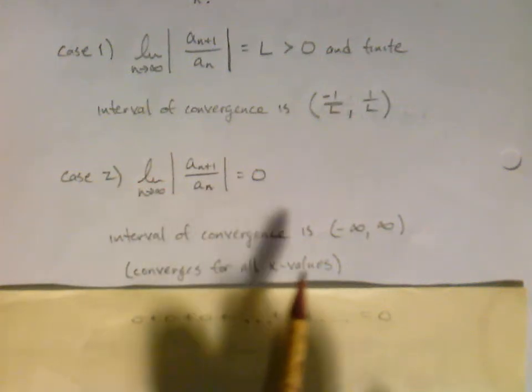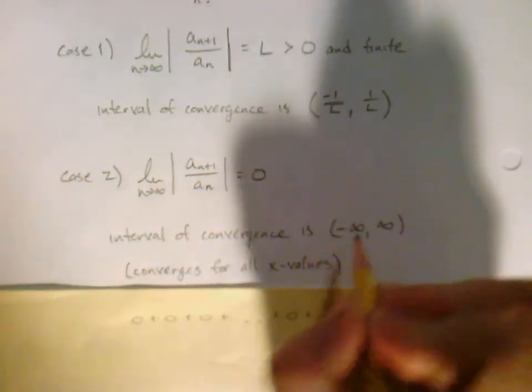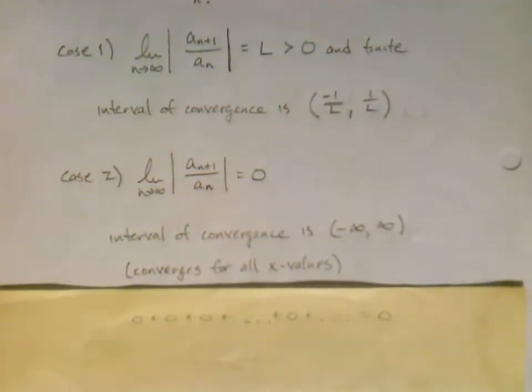It will always converge no matter what the value of x. In other words, every value of x would cause the function to equal that Taylor series. It's always going to work out to be equal. Okay, from negative infinity to positive infinity.